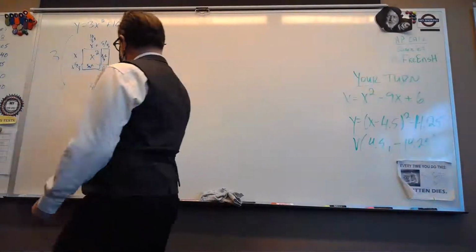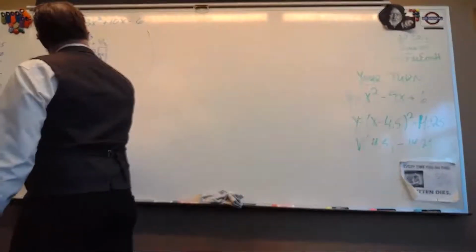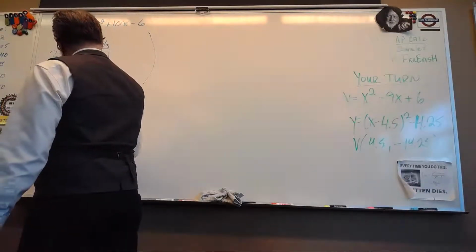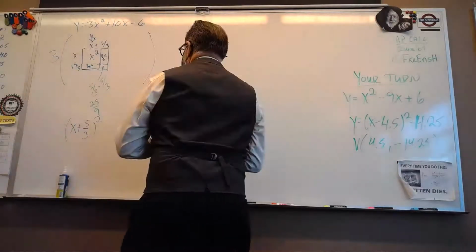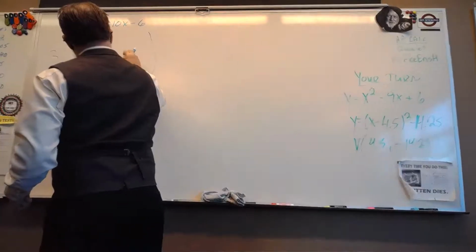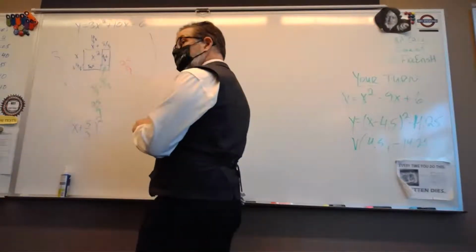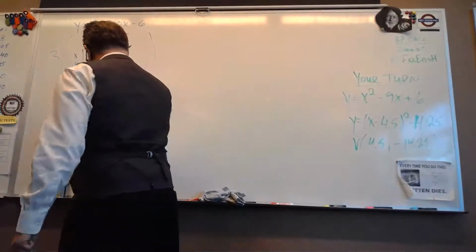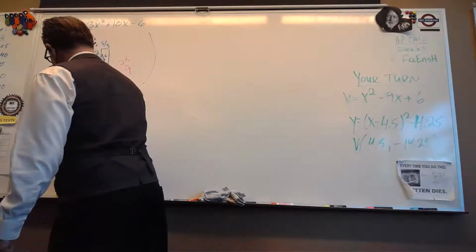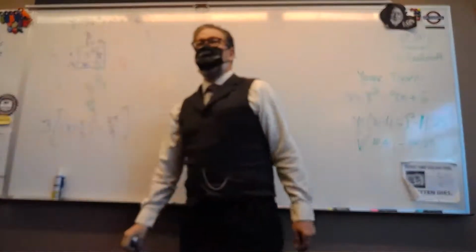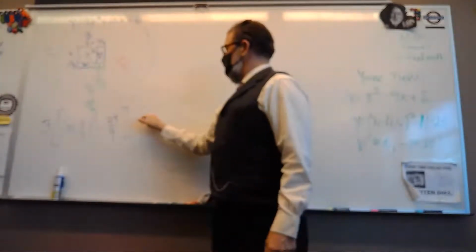So what have I got here? I've got x plus 5/3 squared minus 25/9, 3 times, minus 6.